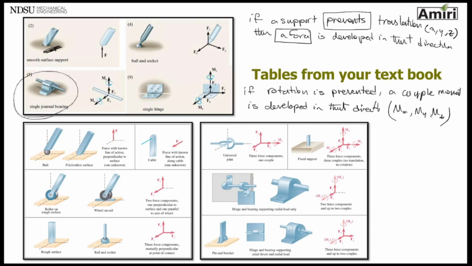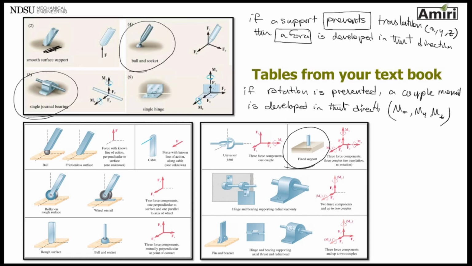So journal bearing is a very typical one used in 3D. A fixed support is another one. Ball and socket is another one. Fixed support, ball and socket. So you can go through the table on your own. Again, whichever movement is prevented.